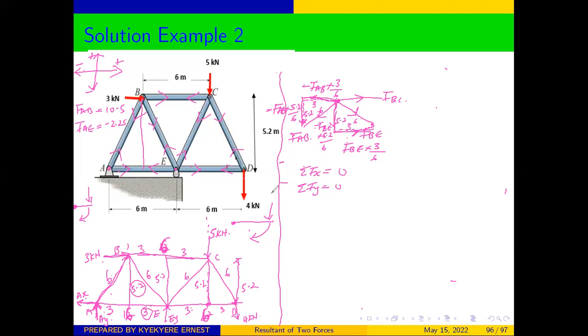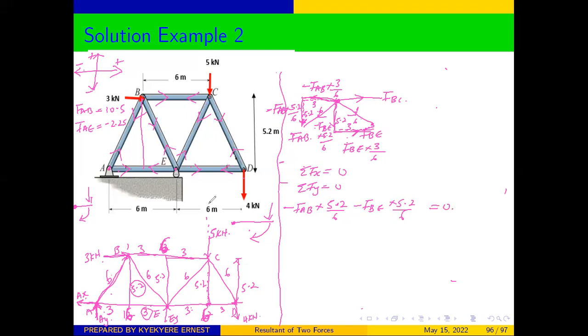We can write it as, for FAB, negative FAB times 5.2 over 6, and for FBE also negative FBE times 5.2 over 6, is equal to 0.